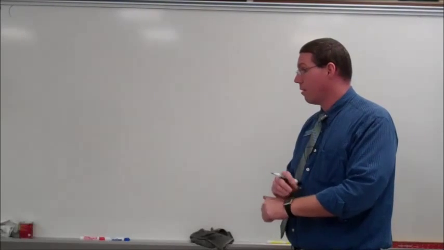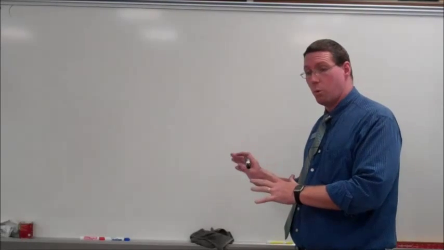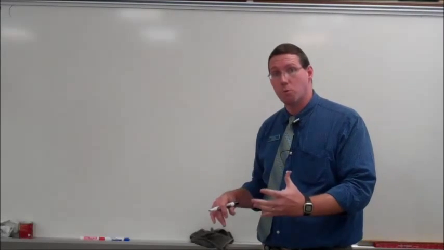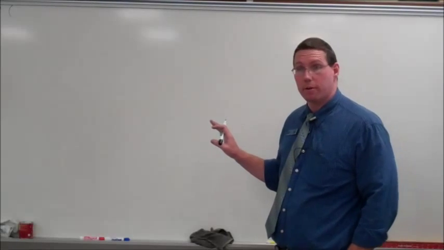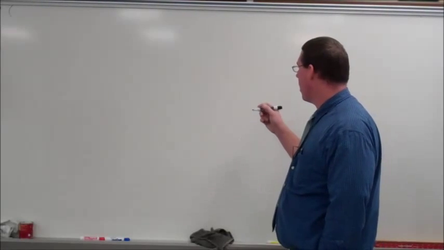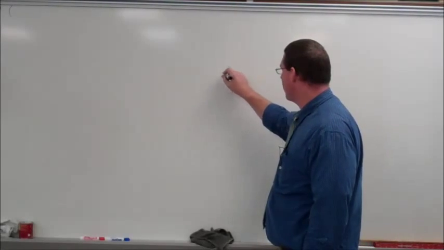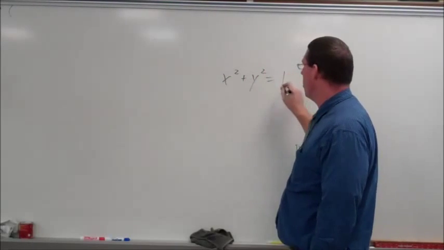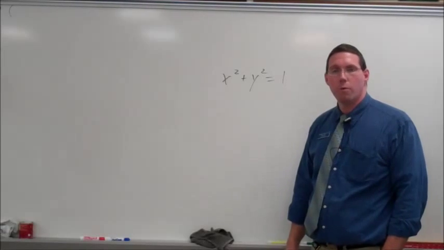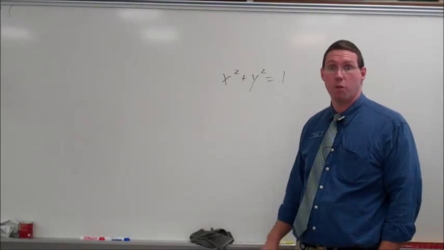But here, I'm just going to do a quick explanation using the chain rule of why that dy/dx is on there. Let's go back to the example we did in class, which is x squared plus y squared equals 1, the relationship for the unit circle.